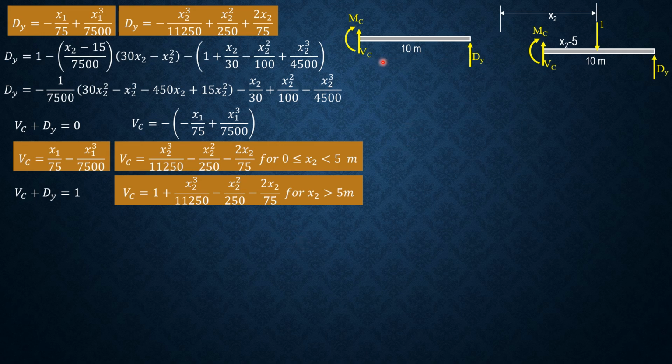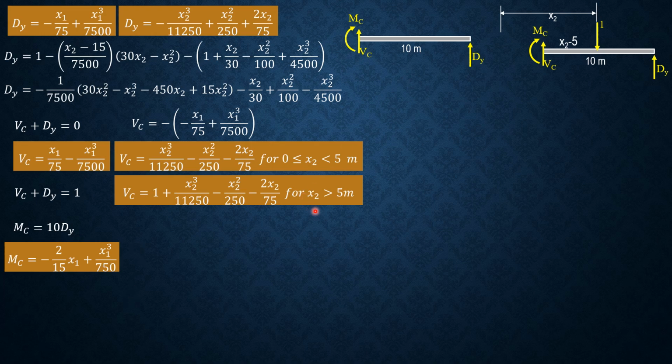Likewise, for M sub c, considering this free body diagram, summation of moment about c equals 0, M sub c equals dy times 10. So M sub c is just 10 dy. So we just multiply this by 10 for x1. M sub c in terms of x1 is negative 2 over 15 x1 plus x1 cube over 750.